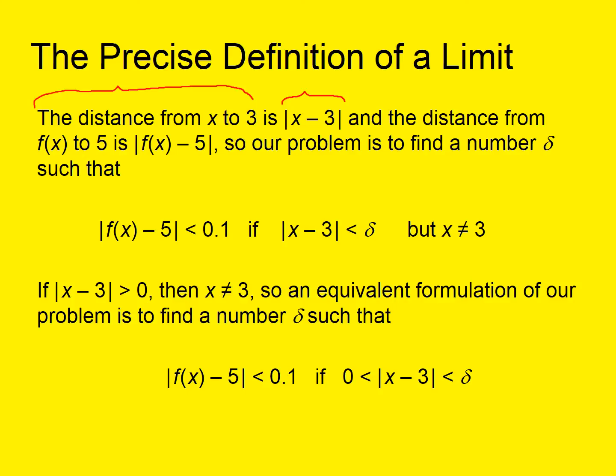If absolute value of x minus 3 is greater than 0, of course, that's true unless x is equal to 3, because absolute value can't be negative. If absolute value of x minus 3 is greater than 0, then x is not equal to 3. So an equivalent formulation of our problem is to find a number delta such that absolute value of f of x minus 5, or we should just say the distance from f of x to 5, is less than 0.1 if the positive number absolute value of x minus 3 is less than delta.